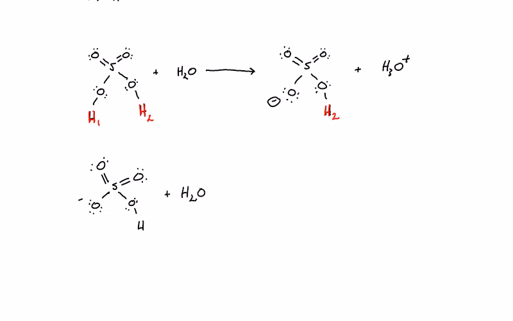Now, it still happens, but to a lesser extent, and it's an equilibrium process. Okay, so we make this as our byproduct plus another molecule of hydronium. Okay, so the first proton comes off easy, the second one not so much.